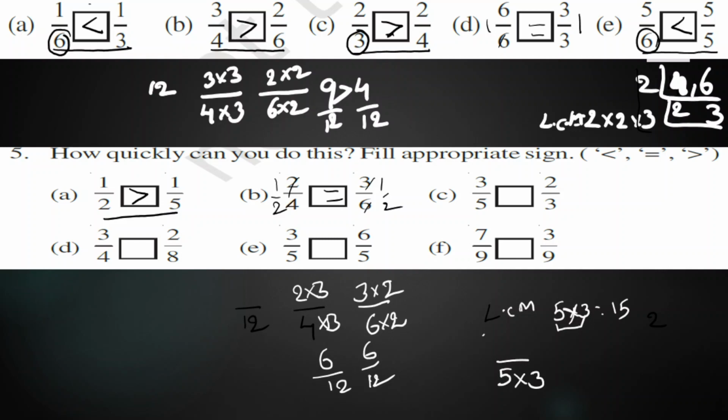This 5 into 3 is nothing but 15 and we need to multiply both the numerator and denominator with the same number. 3 into 5 is 15. We need to multiply both numerator and denominator with the same number. Now the fractions become 9 by 15 and 10 by 15. And this 9 is less than 10. So this 3 by 5 is less than 2 by 3.